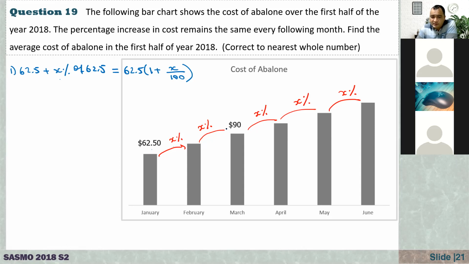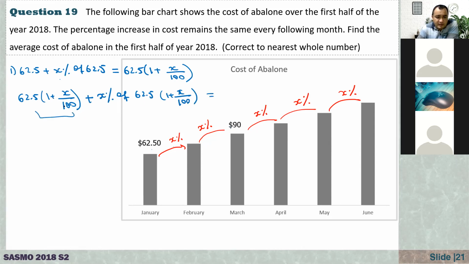Now if you increase this again, what will the next value be? It will be 62.5 times (1 plus X over 100), times (1 plus X over 100) again.